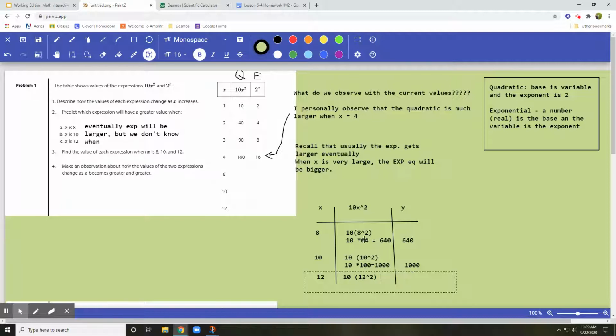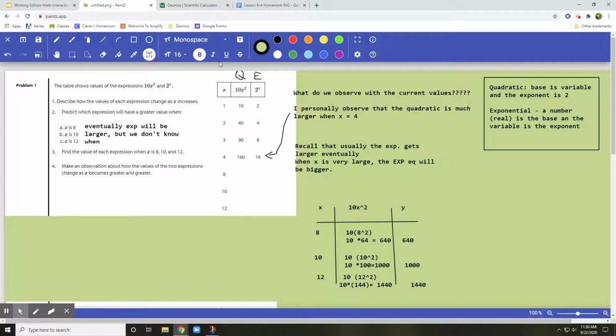It's going to stay constant through this whole equation. So then we're going to have 10 times 12 times 12, which is 144. So 10 times 144, I'm going to squeeze this in so that it's a little easier to see. And that equals 1,440. All right, let's do the next one.